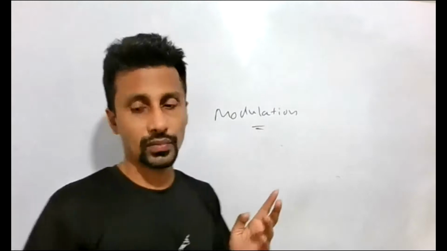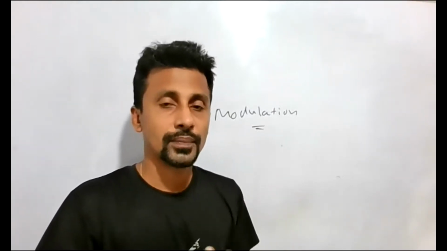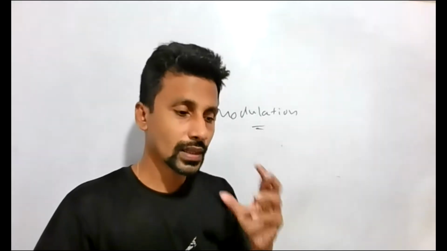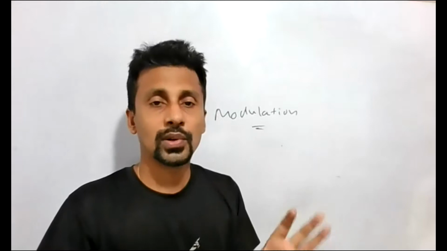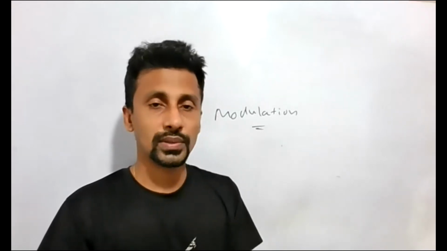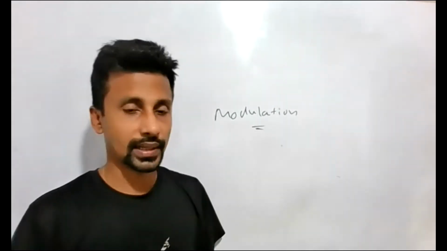We know we have different properties: frequency, phase, amplitude, which we learned earlier. Modulations are made by changing those, right? Both analog modulation and digital modulation are there. Let's talk about them now.